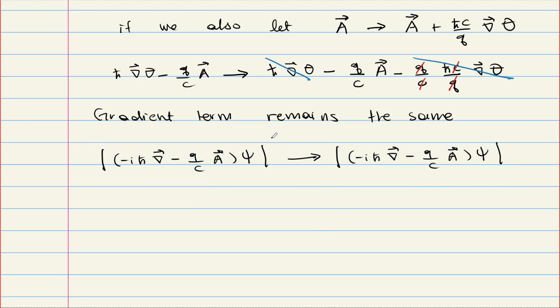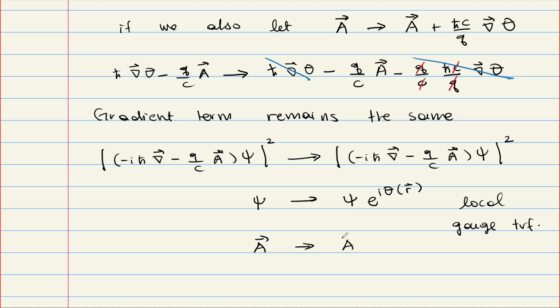I think there's a square here and a square there. Let me just summarize what the change was. We change psi to psi times e to the i theta. Let me emphasize, this is what we call a local gauge transformation. And we also had to change A to A plus h bar c over q times the gradient of the phase.